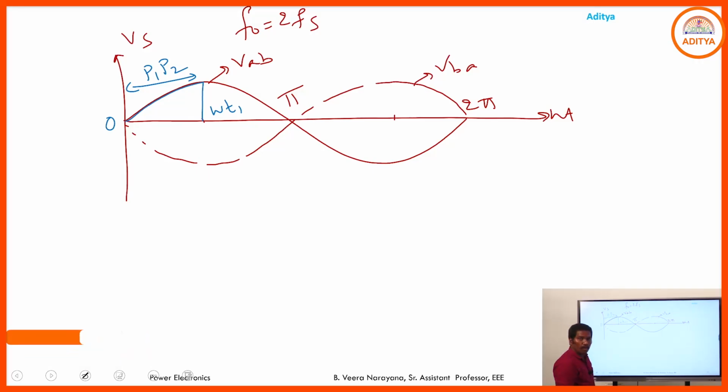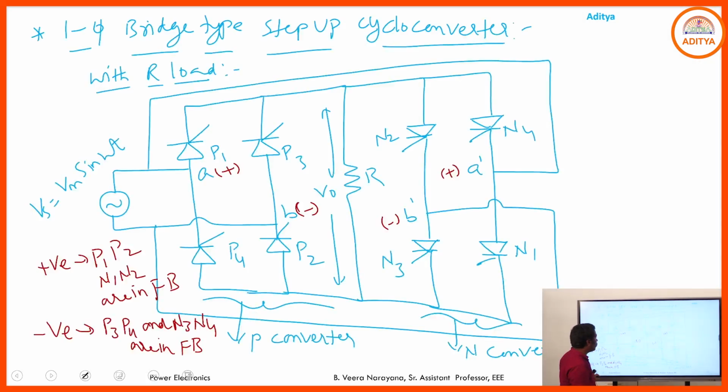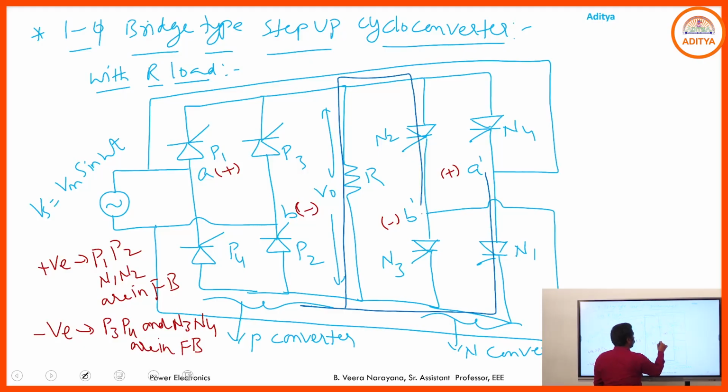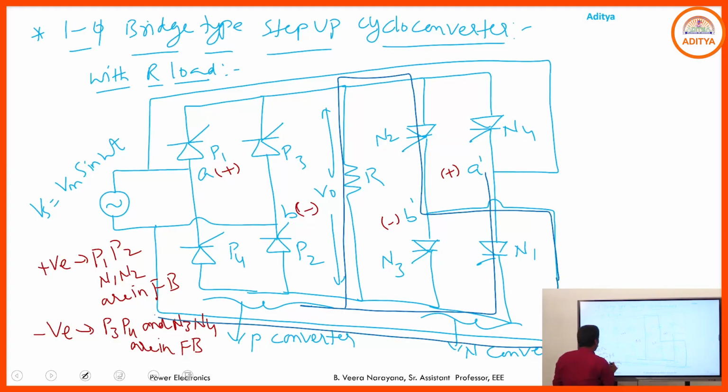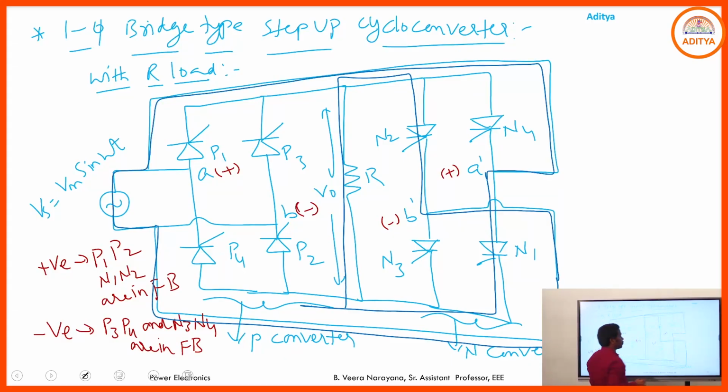At omega T1, we commutate P1, P2 and we provide the gate pulse to N1, N2. If N1, N2 are in the on state, what happens? This is the current flow through the circuit: N1, load, N2, source, in this manner.